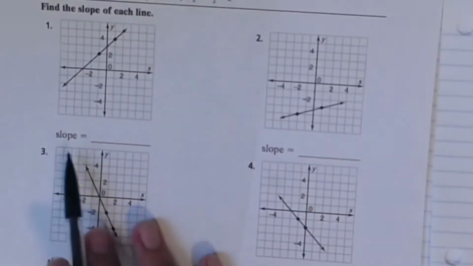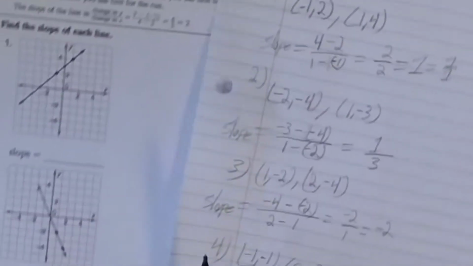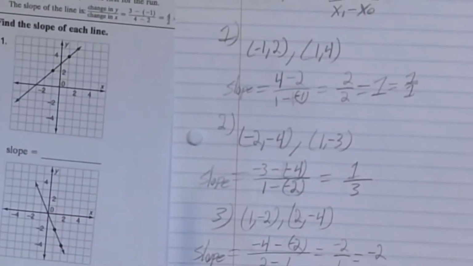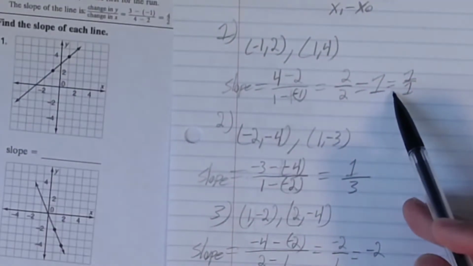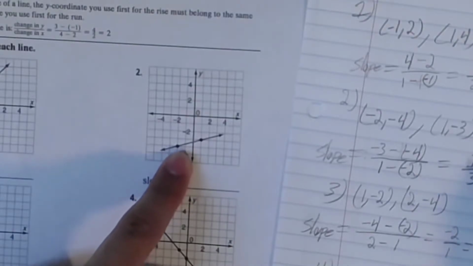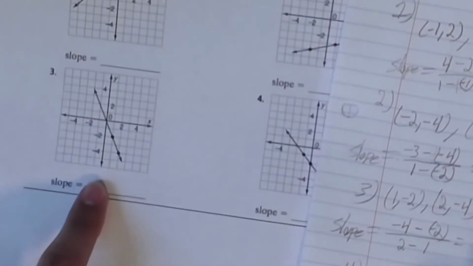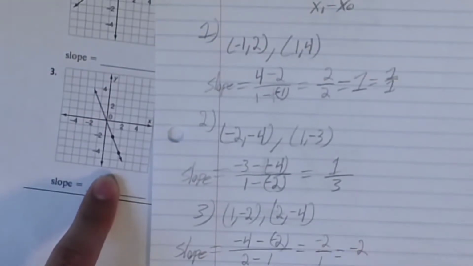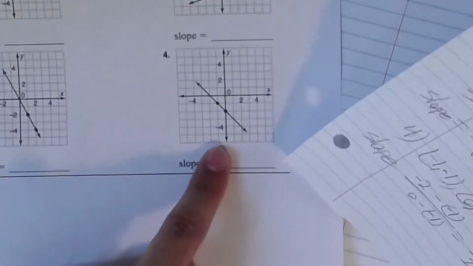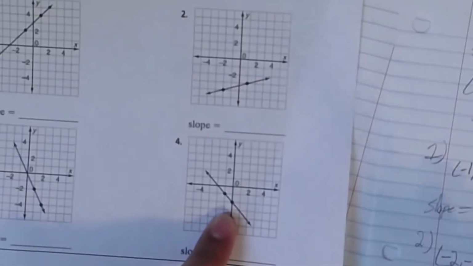You see how they're kind of similar, but notice our slopes. This is a positive 1, and it's going up. This is a positive 1/3, and it's going up. This is a -2, and it's going down. And then over here, this is a -1, and it's going down.